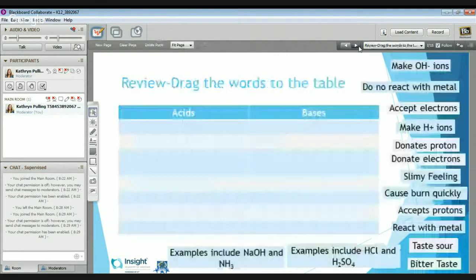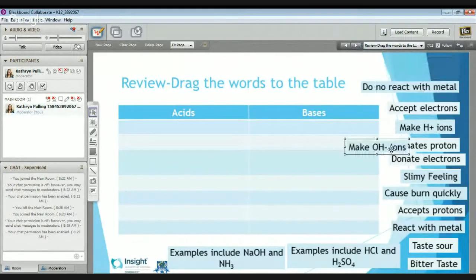Speaking of a chart, that's what I did here. This was meant to be a review for someone who was in class with me. What I would do is pause the video and see if you can sort this yourself. Like making OH minus ions, that should be base.